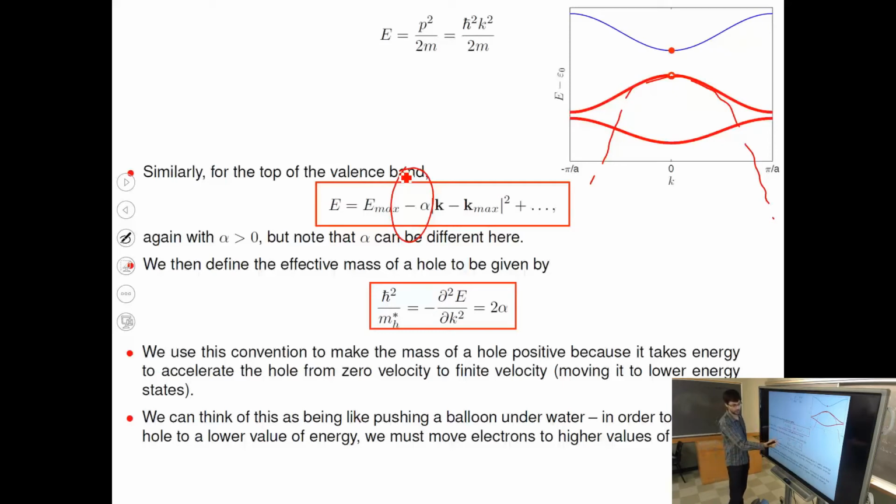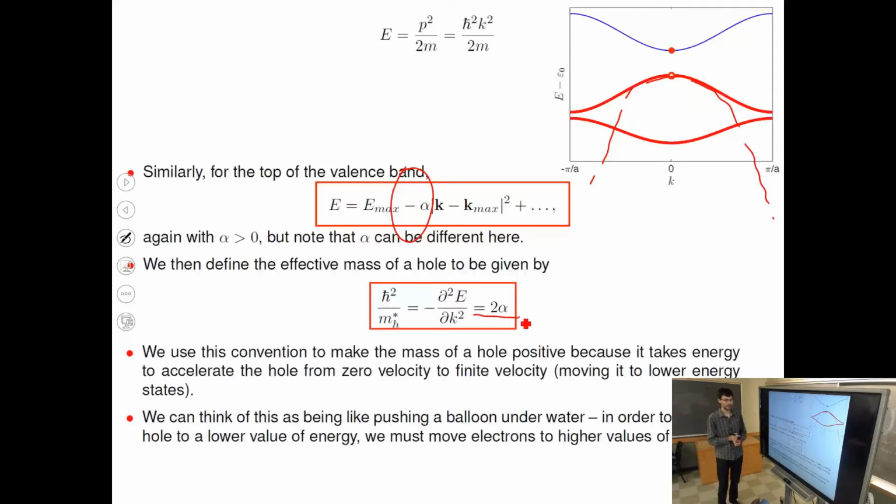And so for the valence band, we're going to define the effective mass from this expression which has the negative of the second derivative of the band structure. And so it will be a positive expression, again, 2 alpha. Here, alpha is a positive number. So the curvature of the band is negative, but we're going to take another minus sign and define mass of a hole as being a positive number.